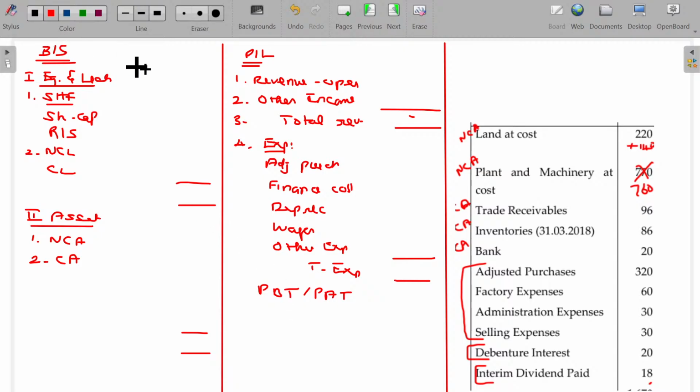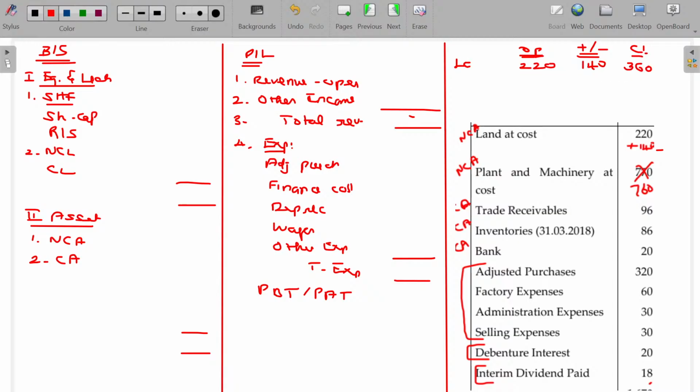We'll start with the land, 220 in the year beginning. Plus or minus for appreciation and depreciation, 140 plus, closing value being 360.